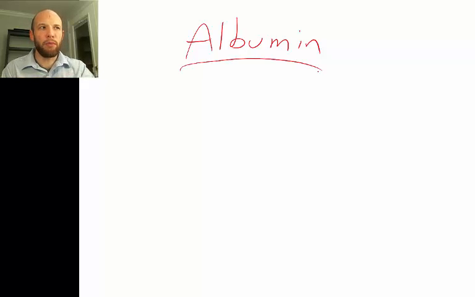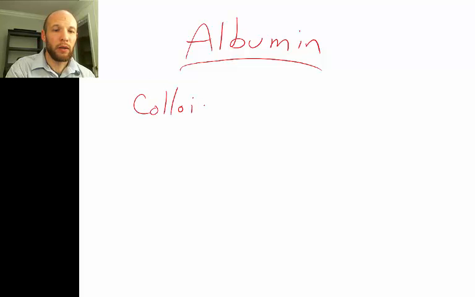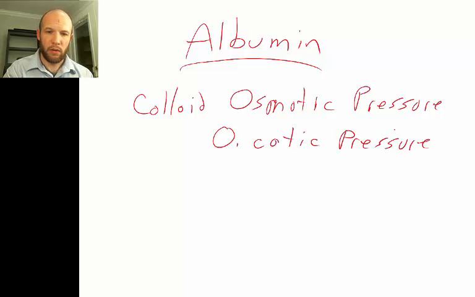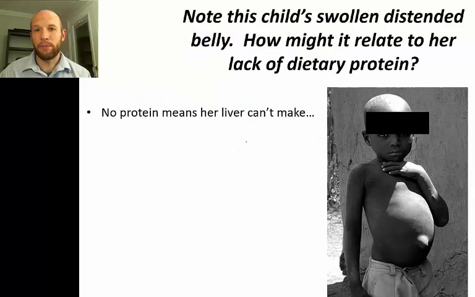And so when we talk about albumin, we talk about this colloid osmotic pressure, this is also called oncotic. All right, so those two types of pressure, and albumin's a really big component that's pulling that fluid back in. Let's walk through an example of this.